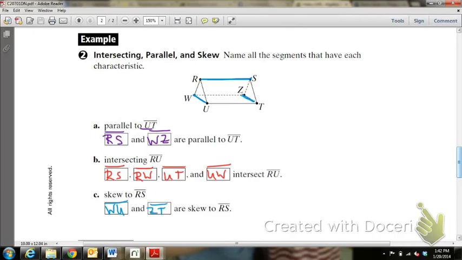Okay, those go in a different direction and are never going to touch. While UT is never going to touch, he goes in the same direction, so I'm not going to include him. He's parallel. Alright, so now you try the next shape, name parallel, intersecting, and skew parts, and we'll check your work in class.